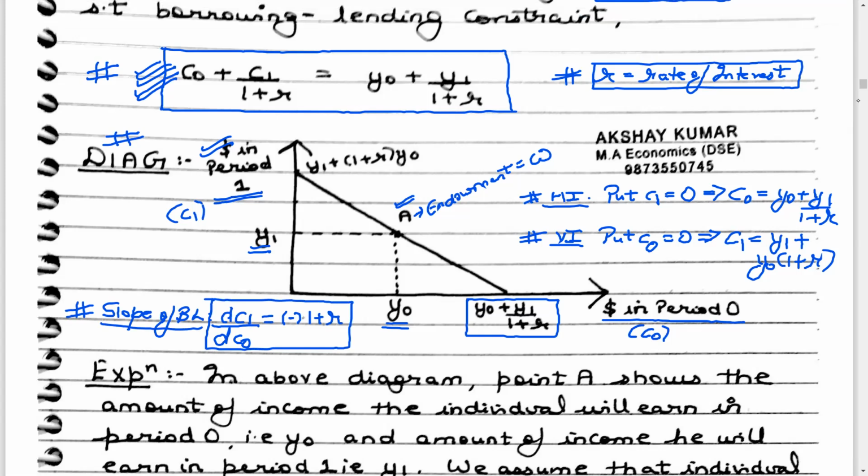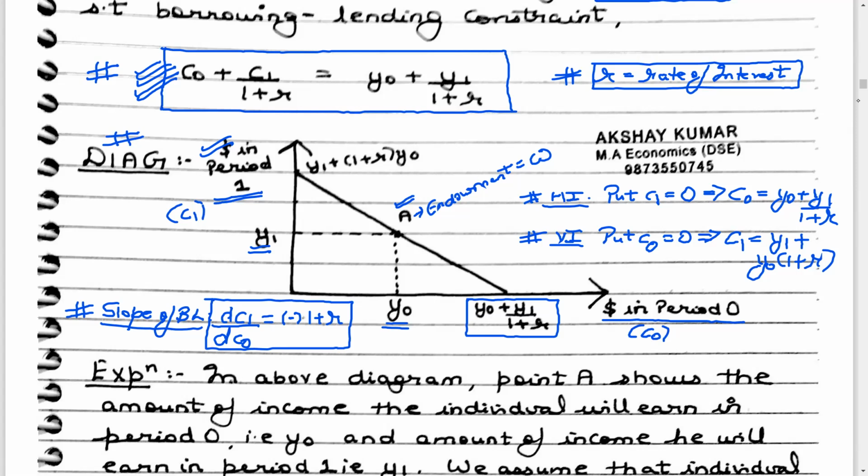That means the slope of the budget line is -(1 plus r). What does the slope capture? If the individual gives up $1 worth of consumption in period 0, he can enjoy 1 plus r dollars of consumption in period 1.